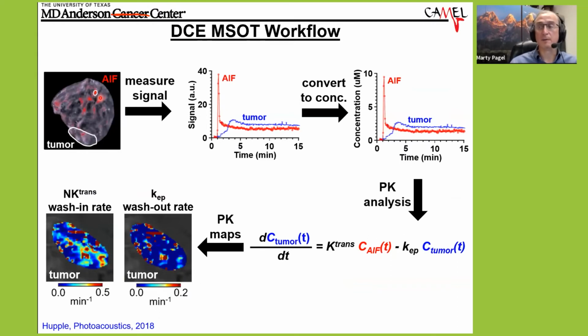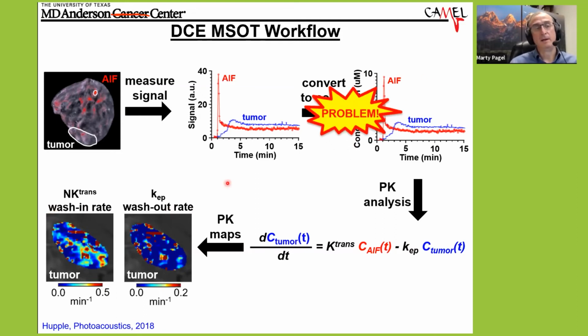Unlike MRI, where it's challenging to find the blood vessels, or CT, MSOT has no difficulty finding the blood vessels. So we can find the signal from that arterial input function and the tumor. Now, if we can convert to concentration, then we can use standard pharmacokinetic analysis equations and make maps of the wash-in rate and the washout rate.